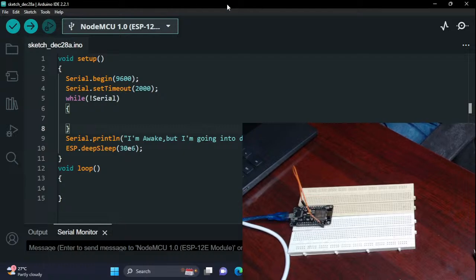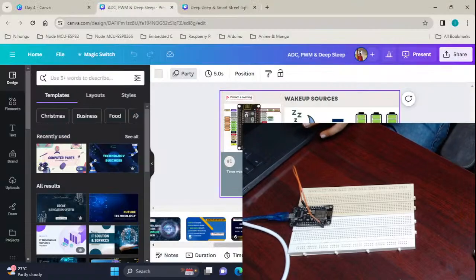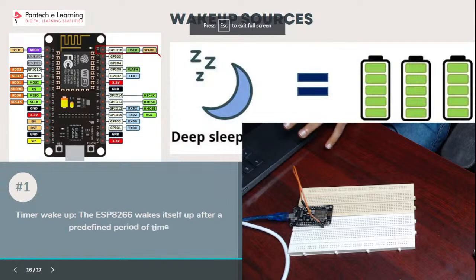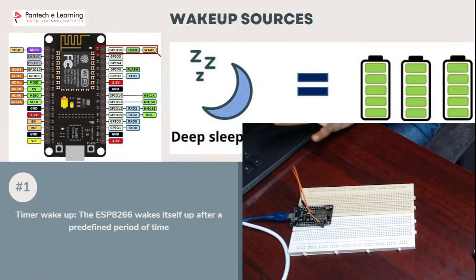Yeah, I need to explain one more thing. I forgot to tell that. See, another thing is external wake up. You can also wake up the ESP8266 with an external wake up, like a press of a button. You can additionally add a button or a reed switch.